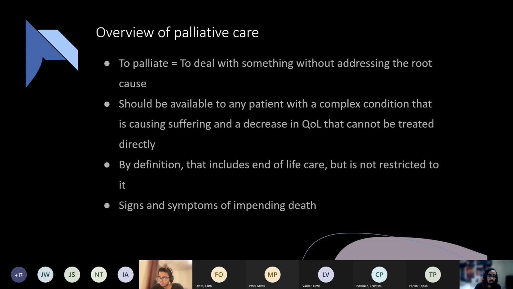Generally it's seen as a person who is in the last 6 months of their life. How that's reached is usually based on signs and symptoms, but there are also some scales used by palliative care physicians, for example.